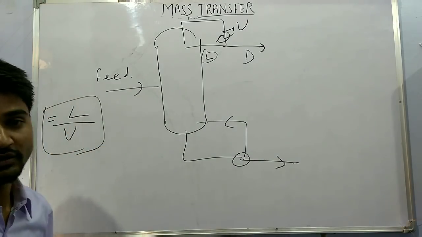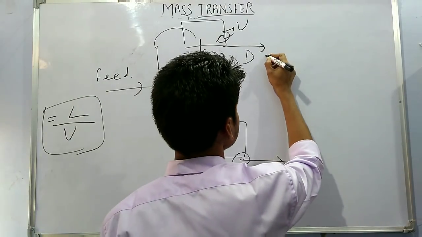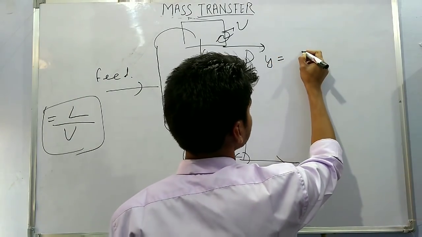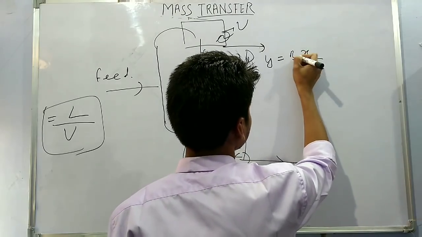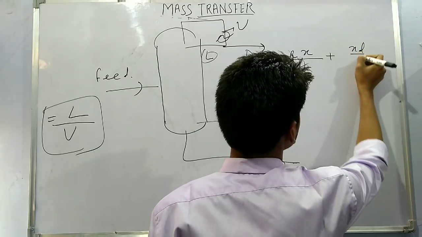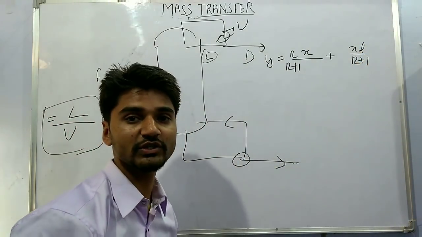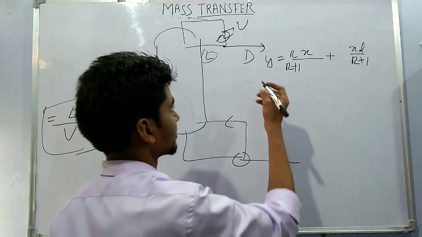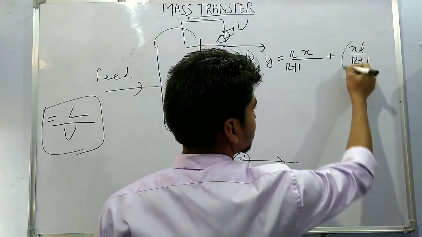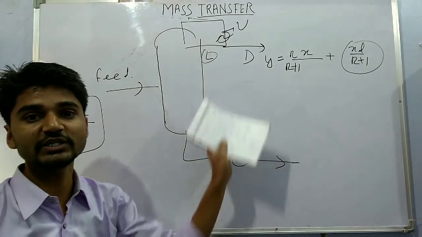So first, the enriching section operating line is given as y equals R upon R plus 1 x plus xD upon R plus 1, where R is the reflux ratio and xD is the mole fraction of distillate in product. So here we have been given that the intercept of this equation is 0.3.